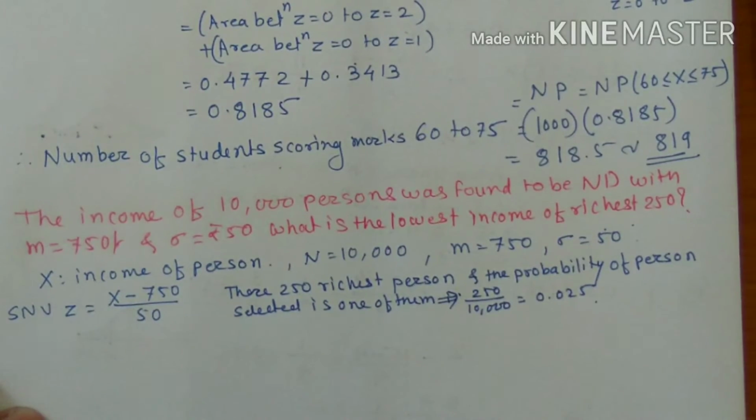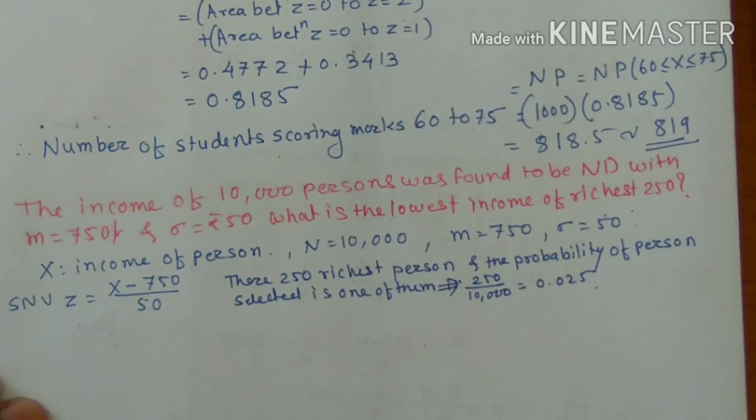Okay, now this is a reverse problem. I have already spoken with you. We have to find the probability for a given value of z. So that z we have to now identify. So first we have to find the value of z for a given probability.